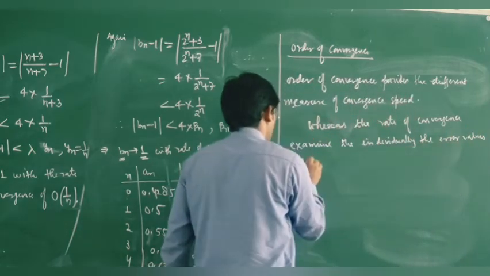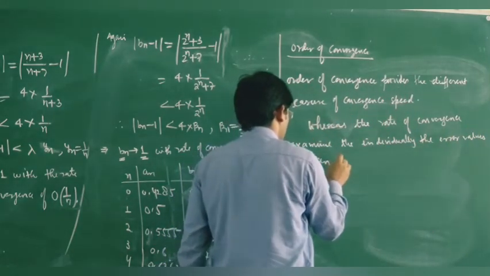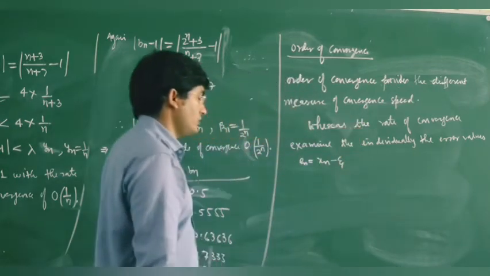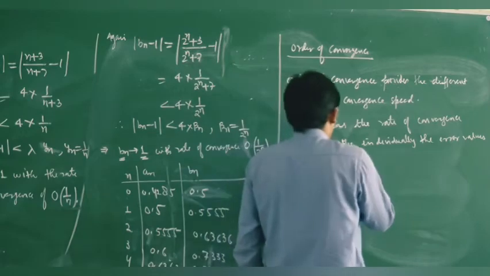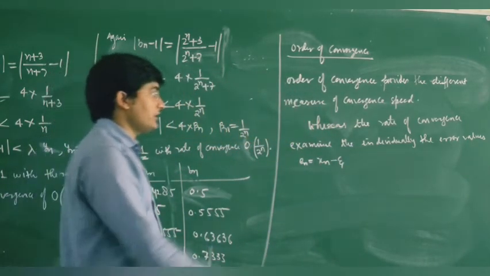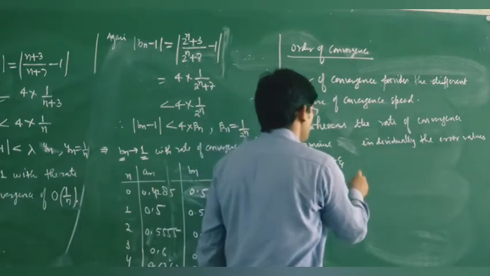Suppose that the error value in the nth step is xn minus j, where j is the exact root. Then the rate of convergence examines individually the error values.